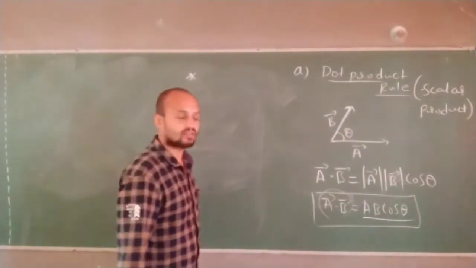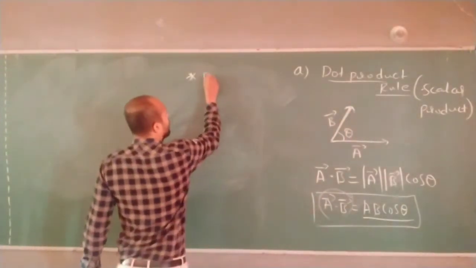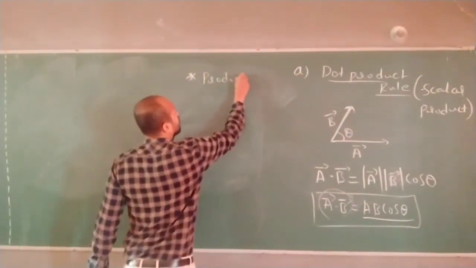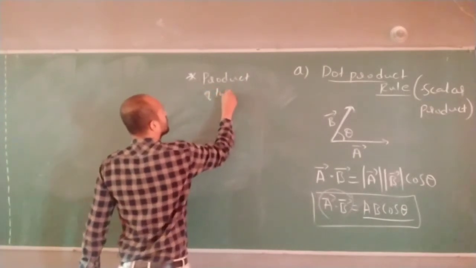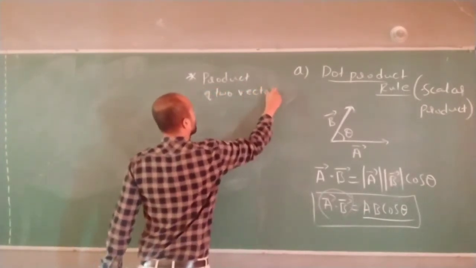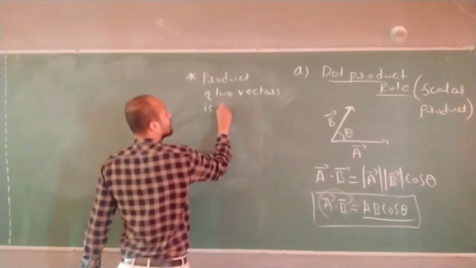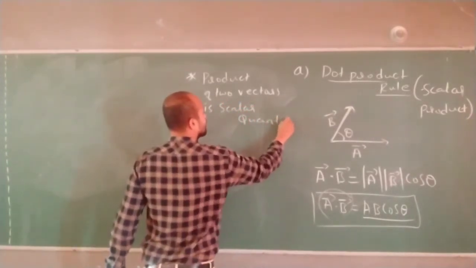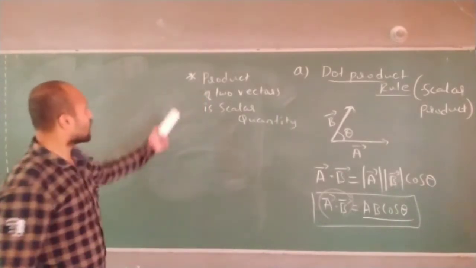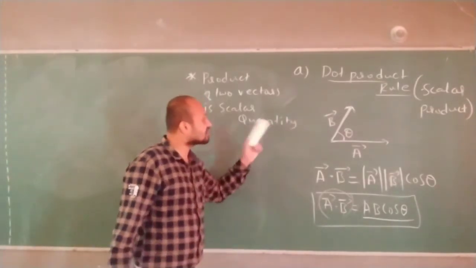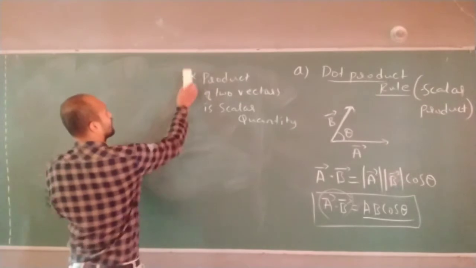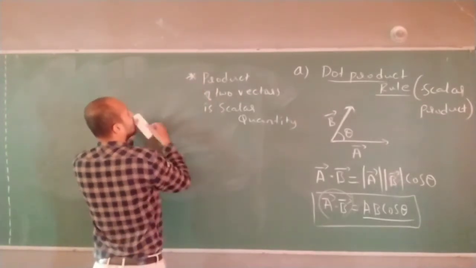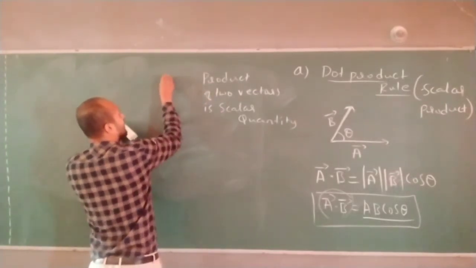Are you understanding this? The dot product of two vectors is a scalar quantity. This is one point. That is why we call it a scalar product.